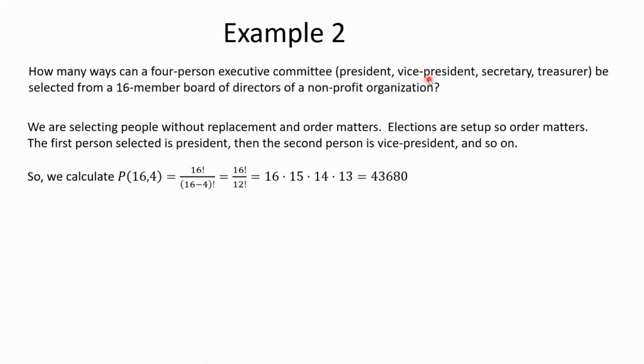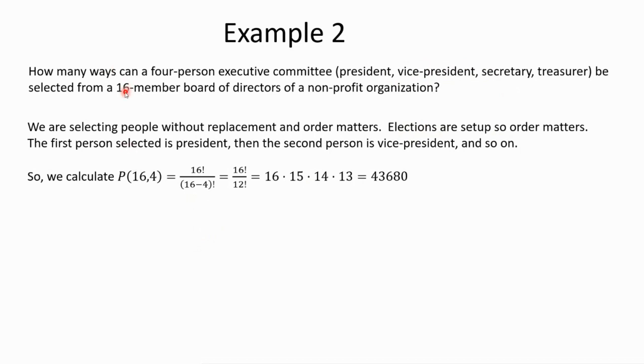The first person chosen is going to be president, I'm guessing. The next person chosen will be something else. Then the third person will be something else, and so on. So in other words, order also matters. That's how elections generally are. So with no repetition and order mattering, we have permutations.